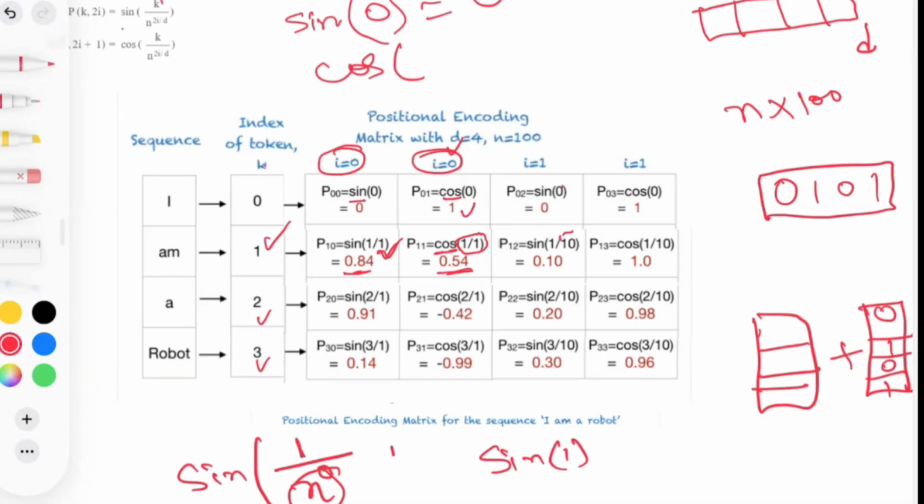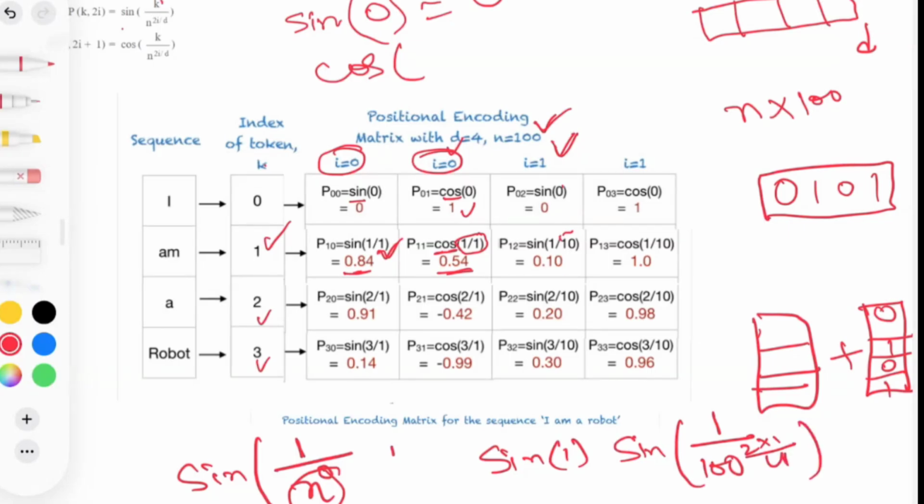Now in this case, your I equal to 1. So now you'll have sine of k is 1 divided by n is 100. You can see you have taken 100. And then 2i, so 2i is 2 into 1, I is your 1, and divided by d. So d is 4.